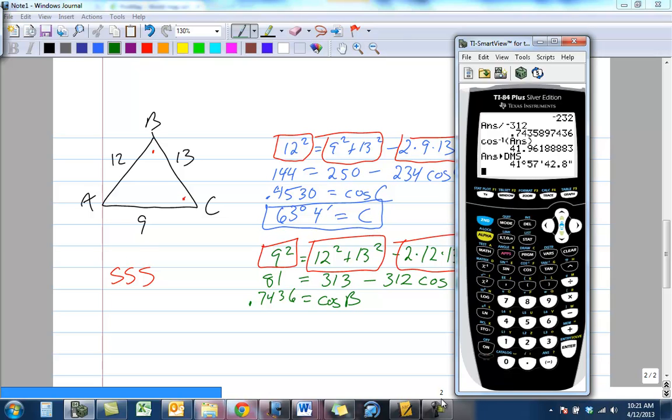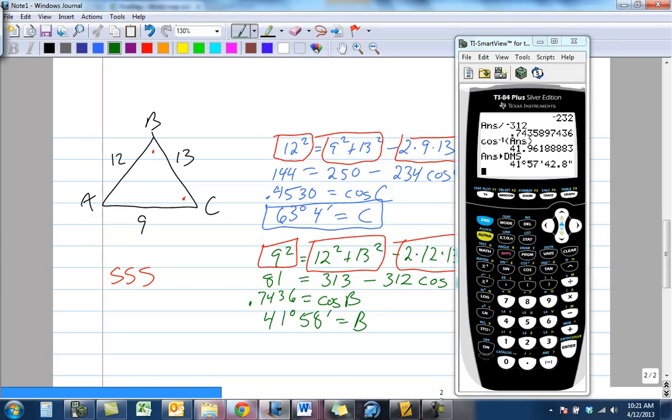How many minutes? 58 minutes. Man, everyone's rounding up. 41 degrees, 58 minutes is angle B. So we got two of our angles. We need the third one.